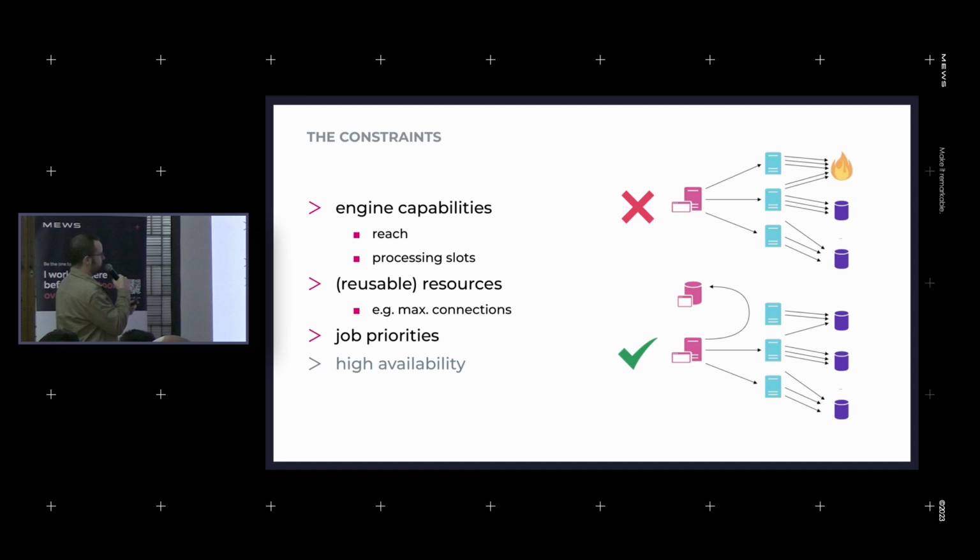The more nasty constraint than this is the fact that even the data sources are limited in their performance. You can't open an unlimited amount of connections to a certain data source. And that became painfully obvious once we started to scale the engines. Once we started to do that, we noticed that, hey, we are actually observing a lot of jobs failing because the data sources couldn't handle the load.